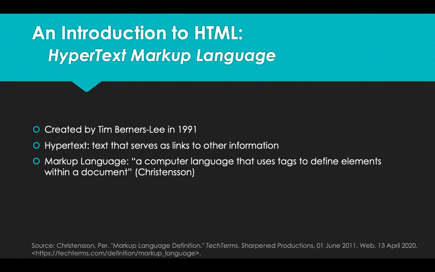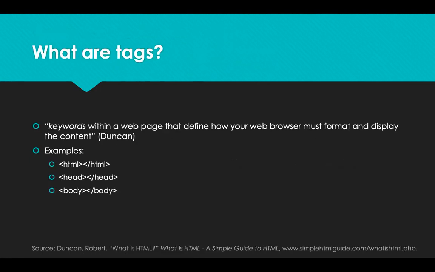So, in other words, HTML is a language that uses a bunch of tags that serve as links to other information. But this might prompt you to ask, what are tags? Tags are keywords within a web page that define how your browser, which is, in this case, a web browser, is any application that accesses the internet, such as Chrome, Firefox, Safari, etc. But these tags within the web page tell that browser, whichever one you may use, how it must format and display the content in the HTML file.